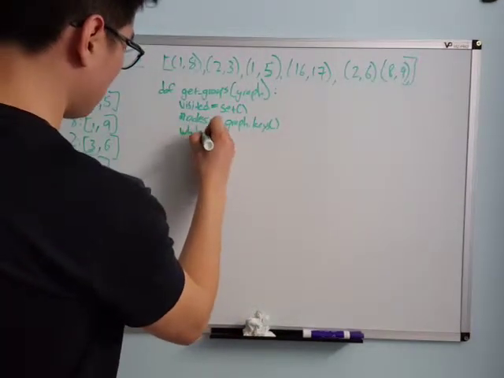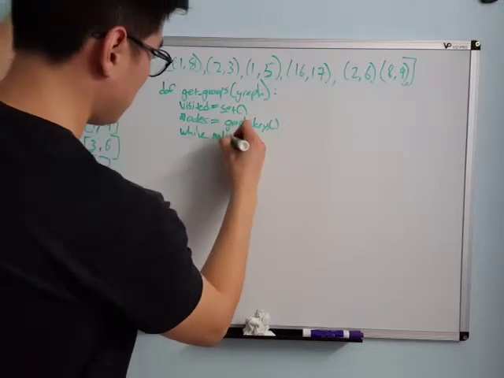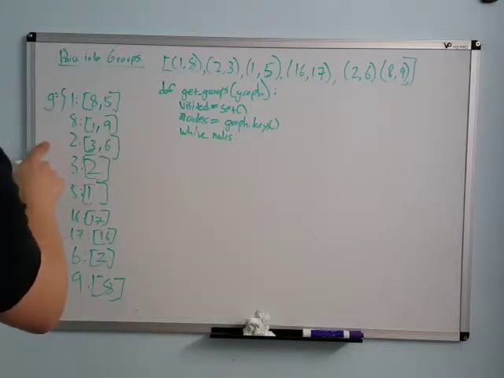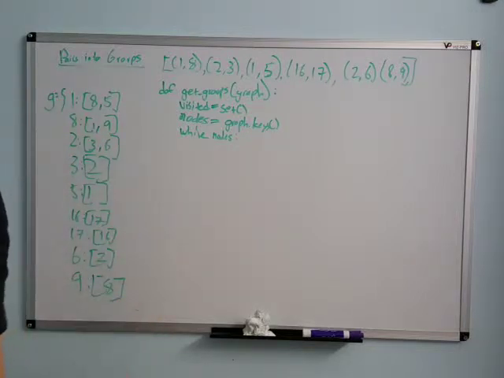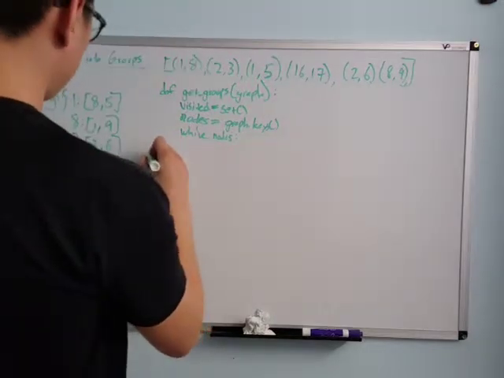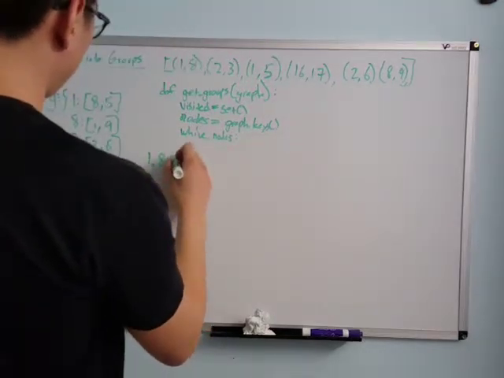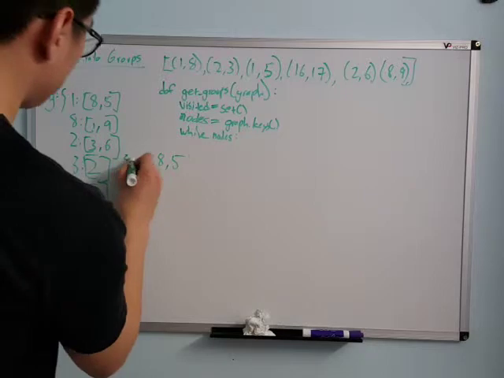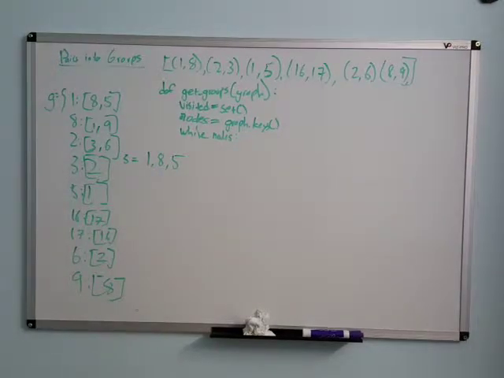So while nodes, we're going to pop this one, and then every value we're going to add into our new array. So when we pop 1, we want 1, 8, and 5. And then we would just be done with that. So this would be our set.